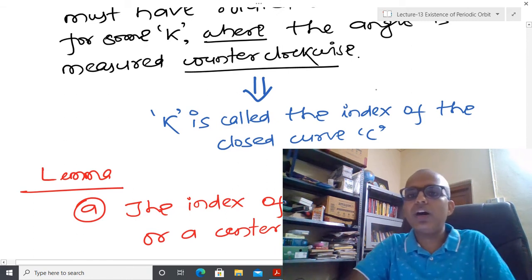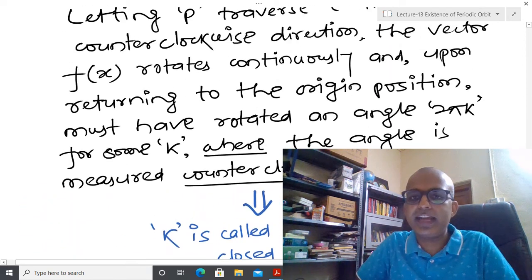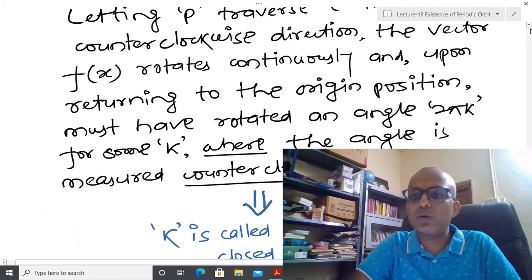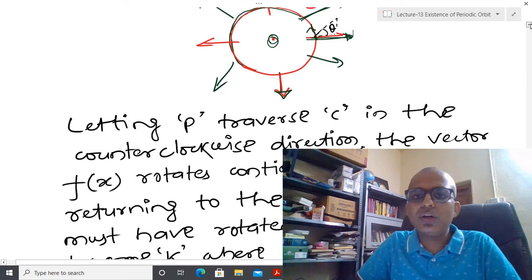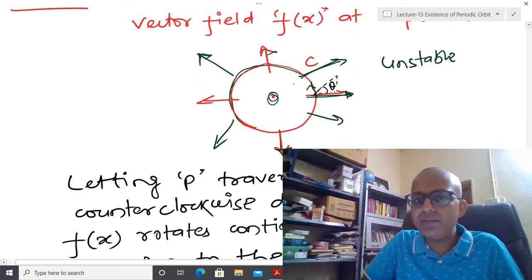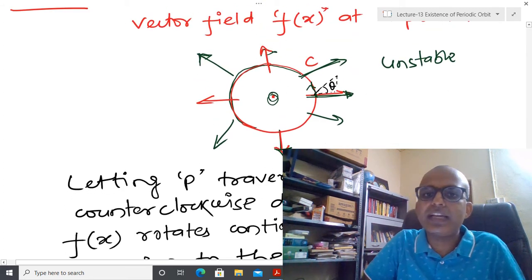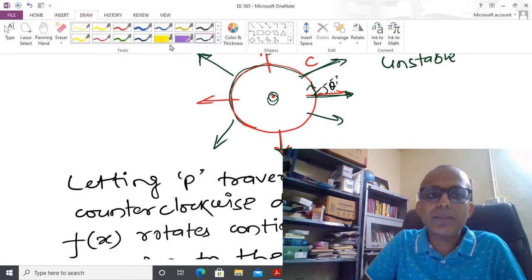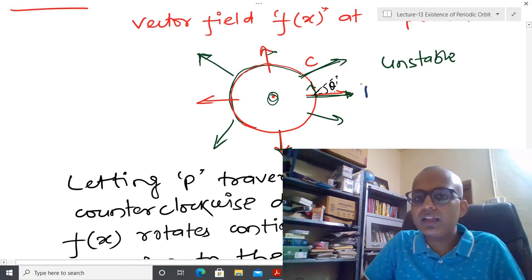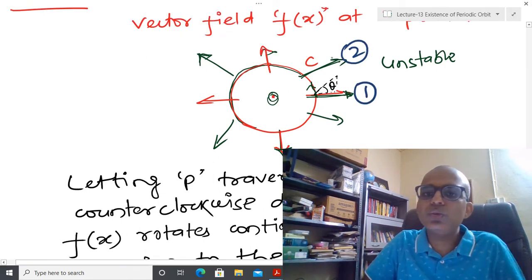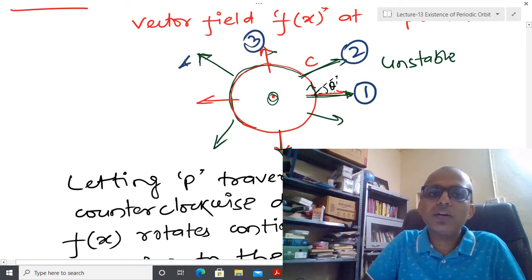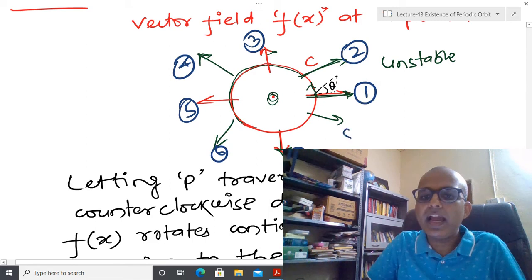Okay, so now using this example we are going to see how to calculate the index. I am going to consider the same example. Suppose you start from here, then you can give some numbers. I give this a 1, this a 2, this a 3, 4, 5, 6, 7 and 8.